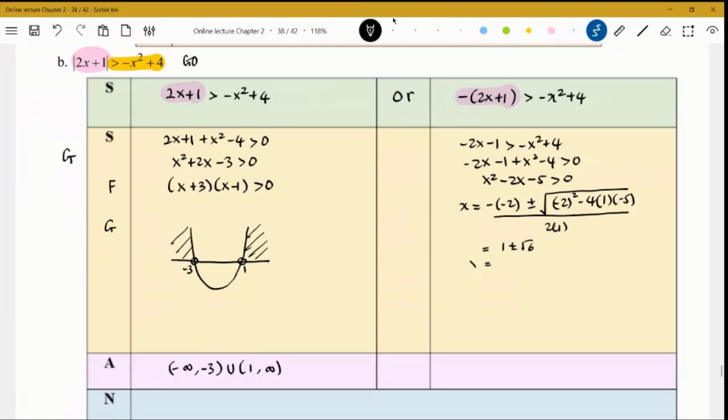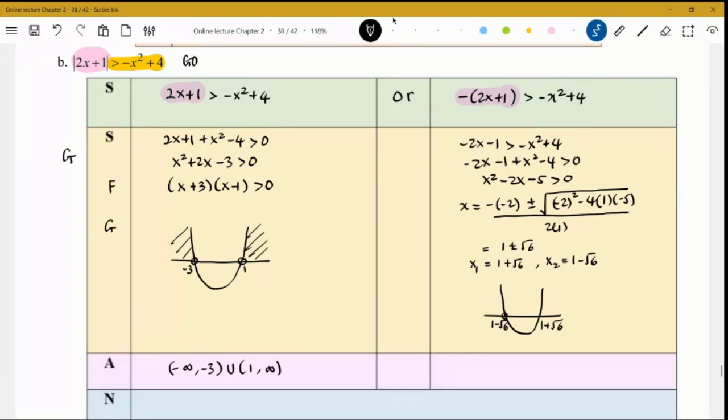So we have it x1 adalah 1 plus square root 6 ataupun x another one adalah 1 minus square root 6. So it's positive x square, it's smiling shape. So yang datang dulu adalah 1 minus square root 6. So here will be 1 minus square root 6, 1 plus square root 6. So there is no equal sign.